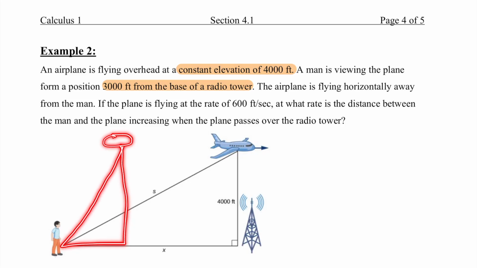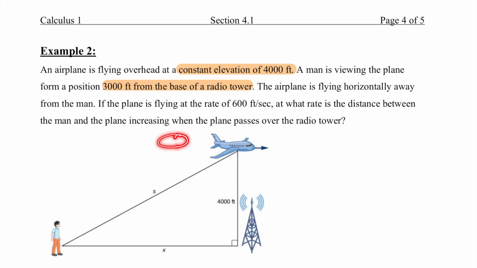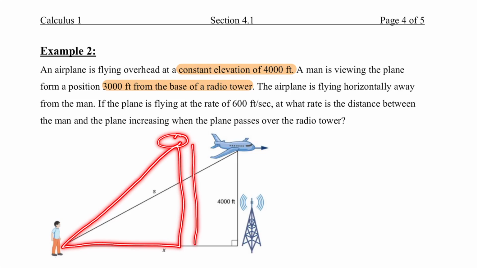In this triangle, this distance is 4,000. This distance is not 3,000. And this distance is something. When the plane gets here, we can form another triangle. In this triangle, this distance is 4,000. This distance is different.